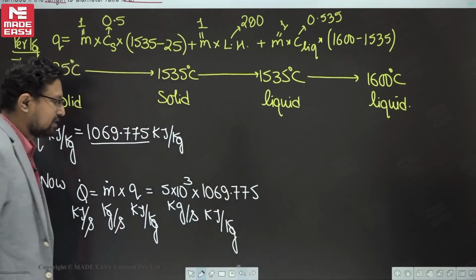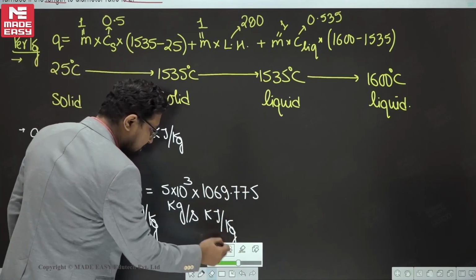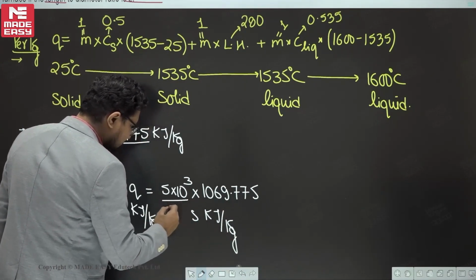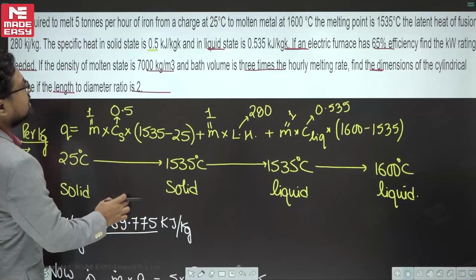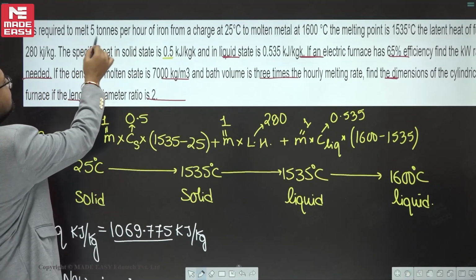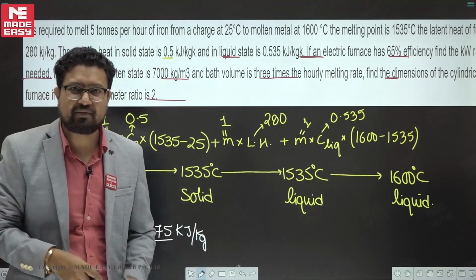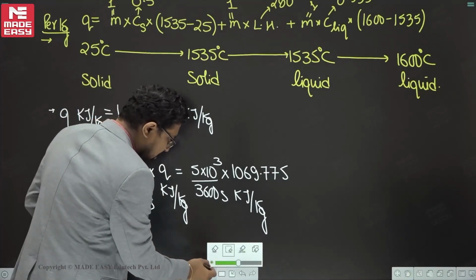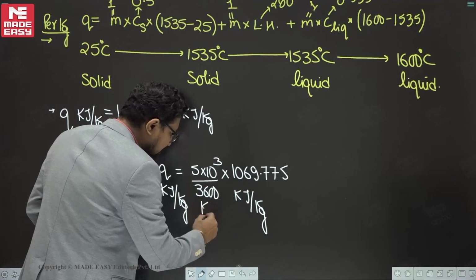This is actually per hour, so we will have to divide it by 3600, because we have 5 into 10 to the power 3, that is 5 tons. This is the melting rate, 5 tons per hour. Now, if we want per second, we have to convert it into kilogram per second. That is why I am dividing it by 3600. So we will get kilogram per second.